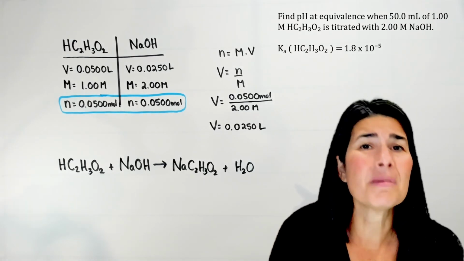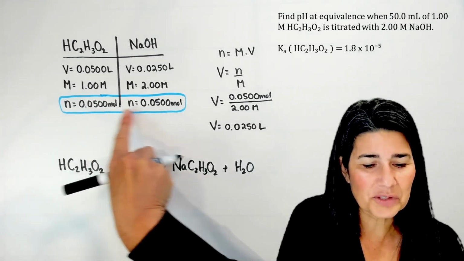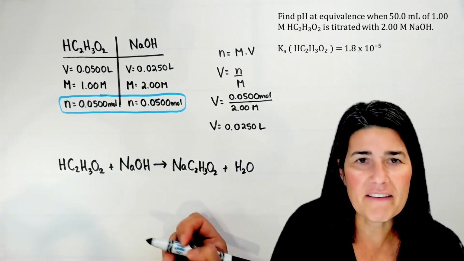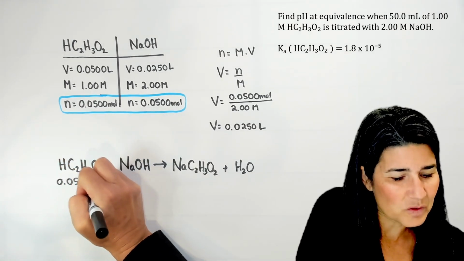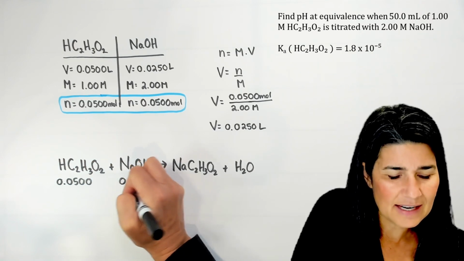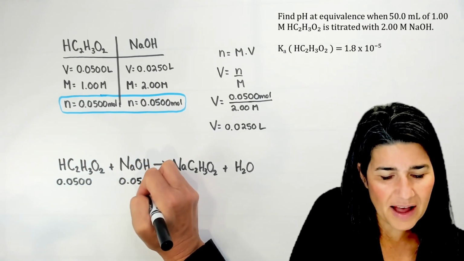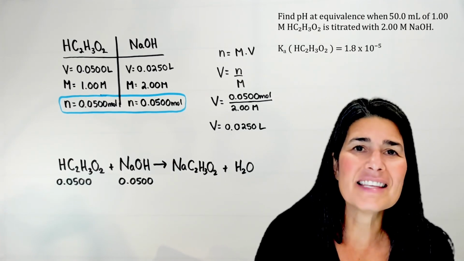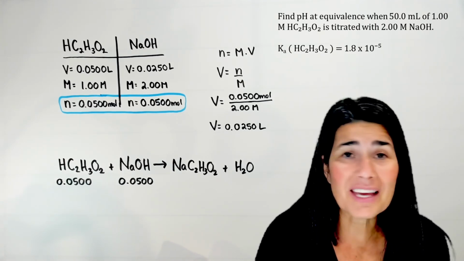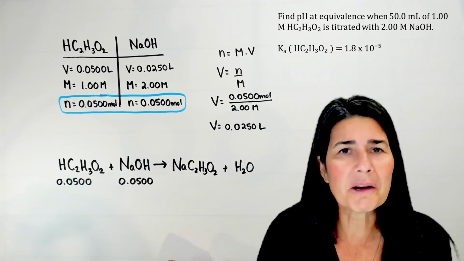We react them in moles. I know for each of those, I have 0.05 moles. So I have 0.0500 moles of my acetic acid and 0.0500 moles of my sodium hydroxide. Because this is equivalence, they both get used up. We're supposed to react those perfectly.